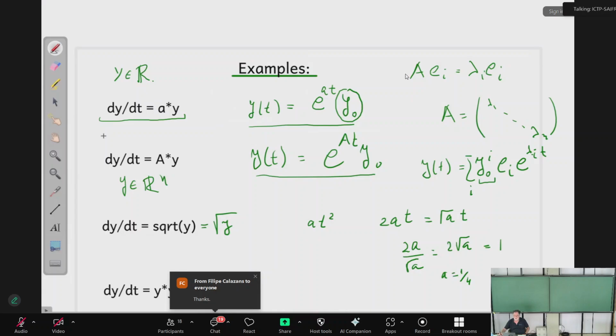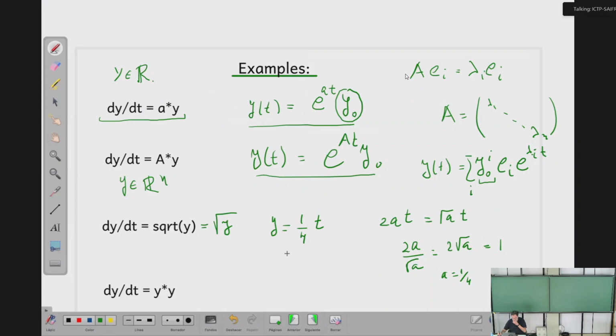So the solution of this equation is a solution that goes through 0, right? Because at t equal to 0 it is 0.